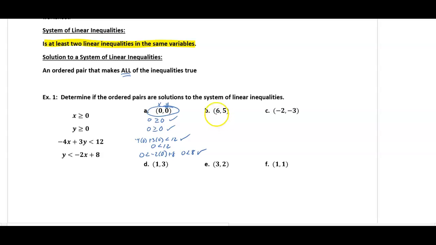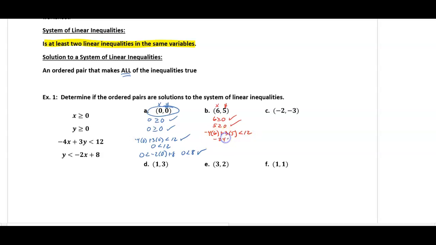How about the next one? If x is 6, is 6 greater than or equal to 0? That checks off. If I replace y with 5, is 5 greater than or equal to 0? That checks off. Is negative 4 times 6 plus 3 times 5 going to be less than 12?